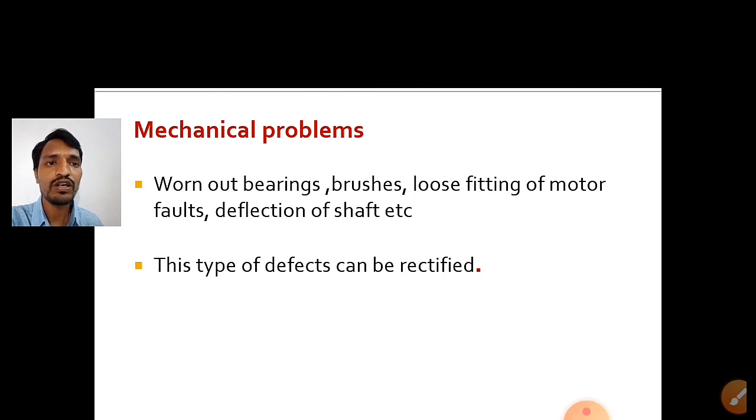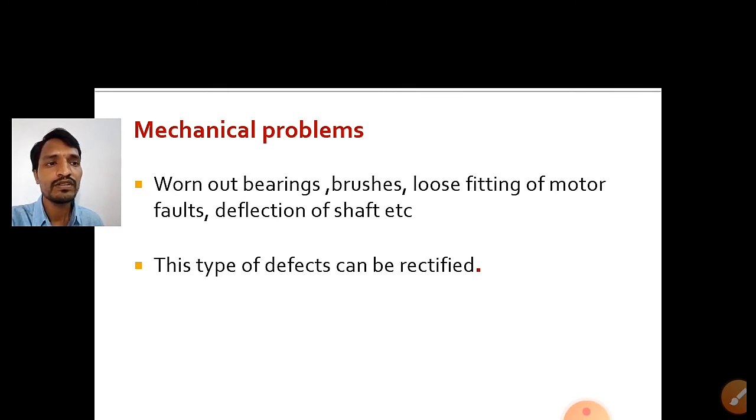First is worn out bearings. The bearing is not working properly because rust has formed in it, so it is not moving smoothly, it moves with friction. Next, brushes are not in contact with the commutator. If the brushes are not in contact with the commutator, we get sparking problems.